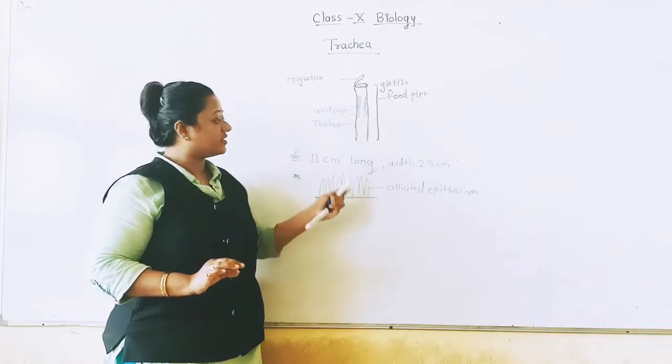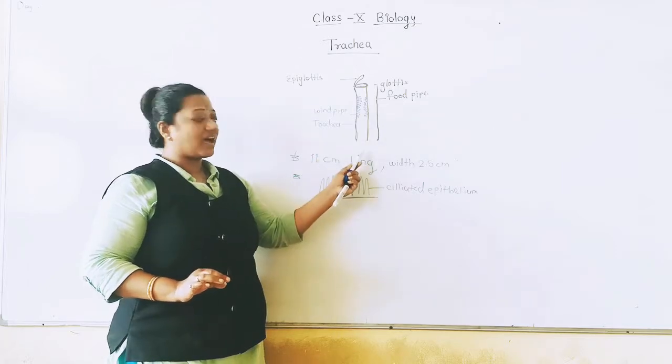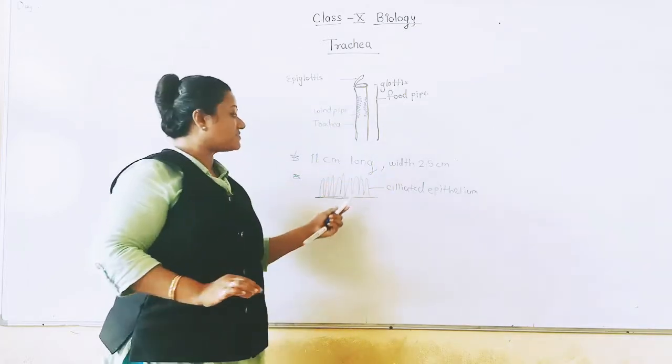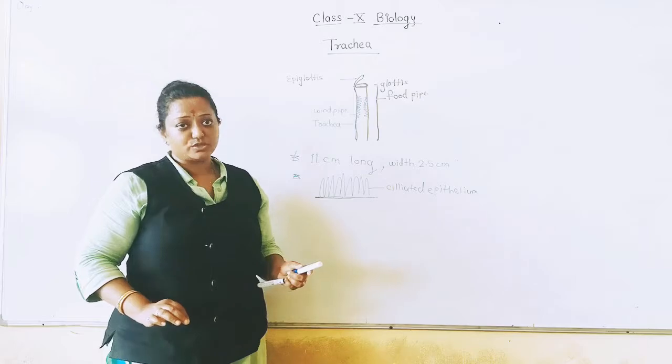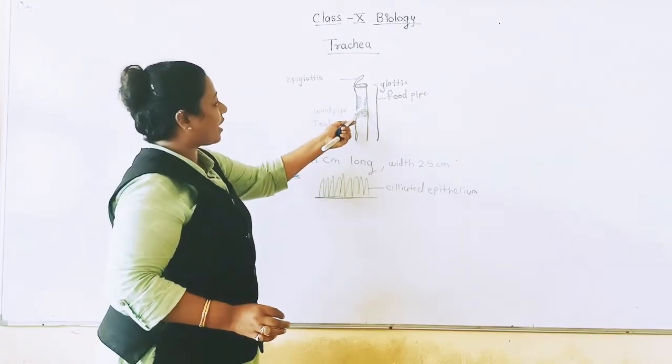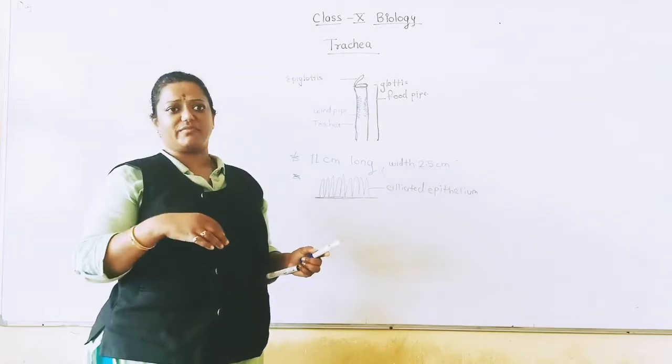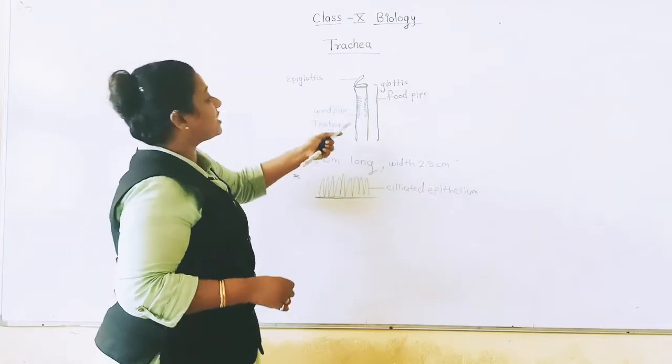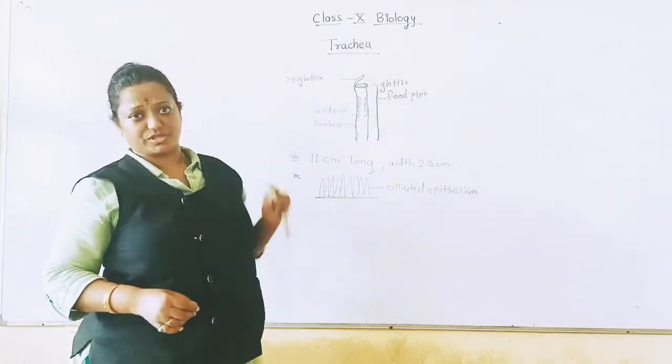So in this respiratory system, the trachea's inner wall is of ciliated epithelium tissue, so that if a particle is there, it will be trapped here, and whenever we exhale, that particle will go out.